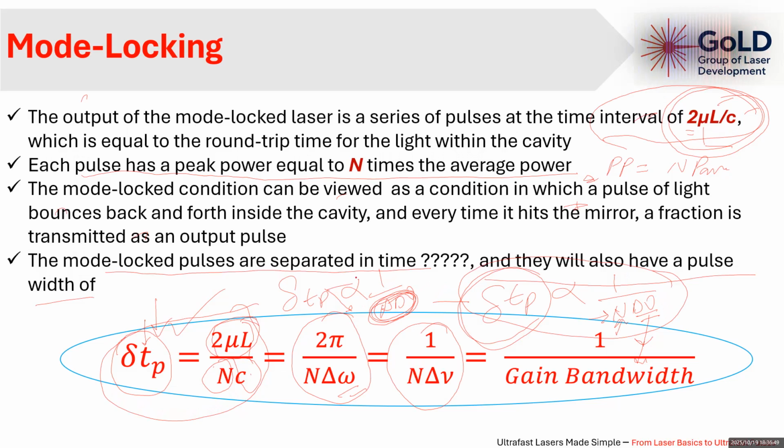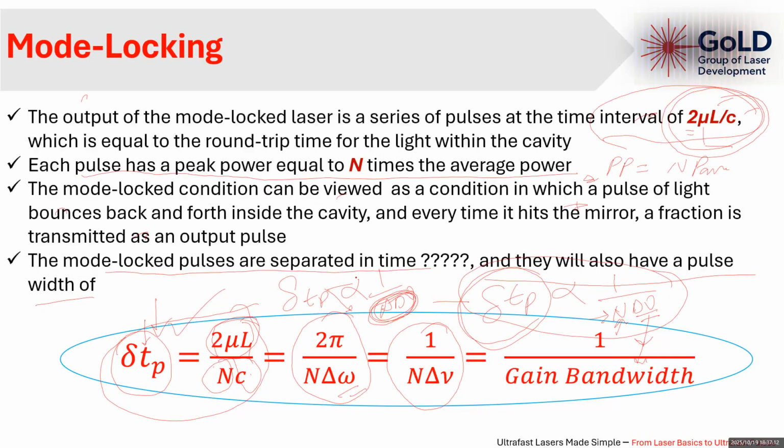It's not directly proportional, it's inversely proportional to the gain bandwidth. So delta TP is inversely proportional to the gain bandwidth. If the gain bandwidth increases, the pulse duration reduces. If the gain bandwidth decreases, the pulse duration increases. Okay? Keep remembering. So what is the meaning of this gain bandwidth?